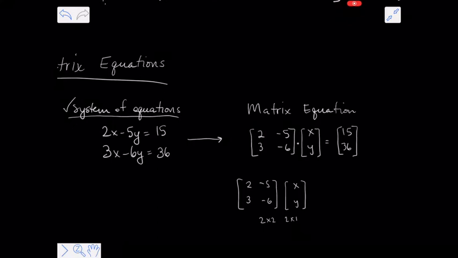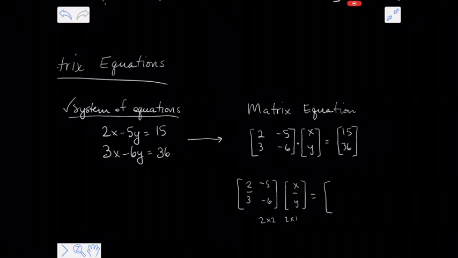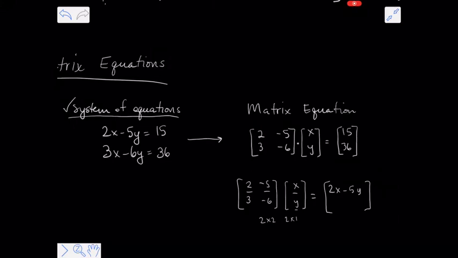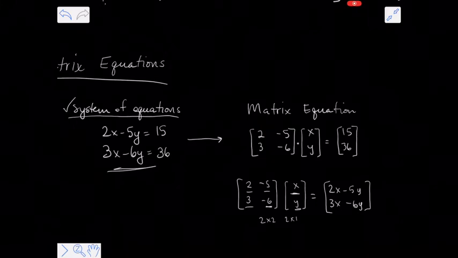And what would happen is you'd end up getting this entry times that entry, which is 2x, plus this entry times that entry, which is -5y. And then you'd have this entry times this entry, which is 3x, and this entry times that entry, which is -6y. So you end up with just that right there.